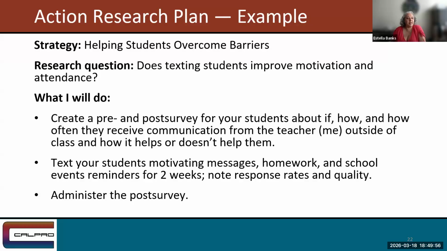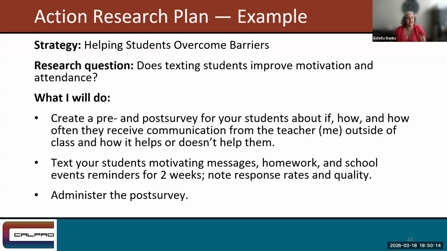So here's an example of an action research plan. First, the strategy would be helping students overcome their barriers. The research question: does texting students improve motivation and attendance? What will I do?